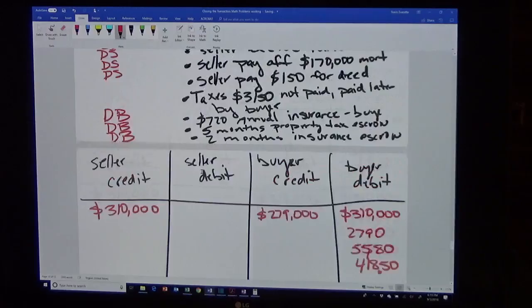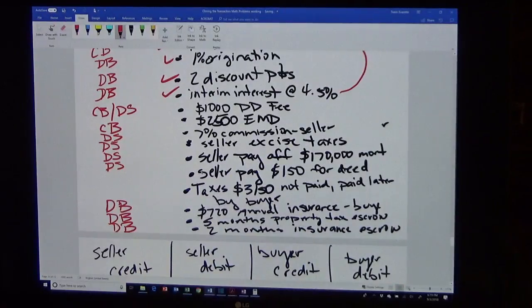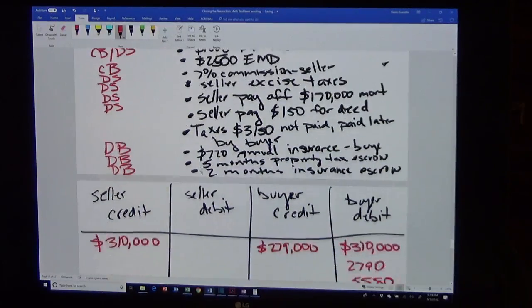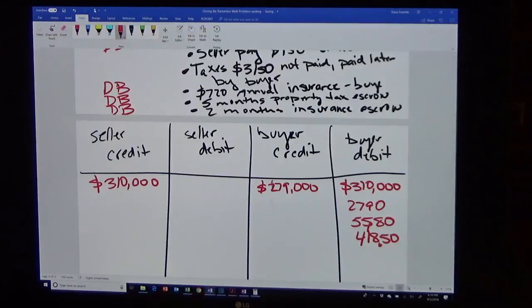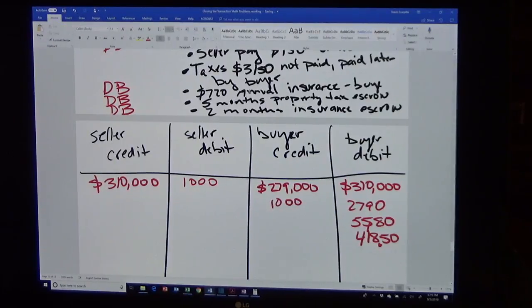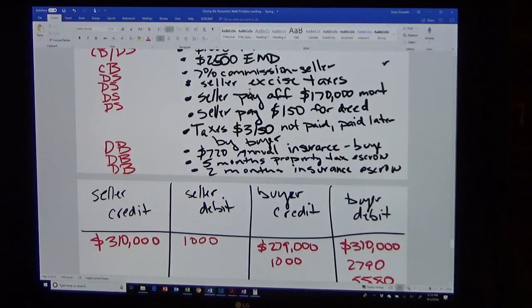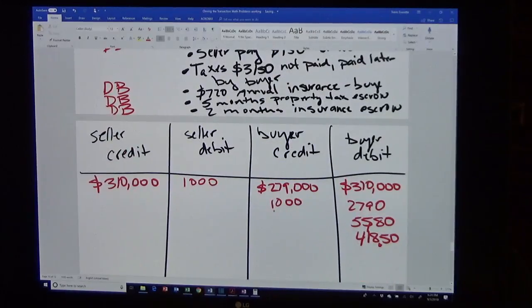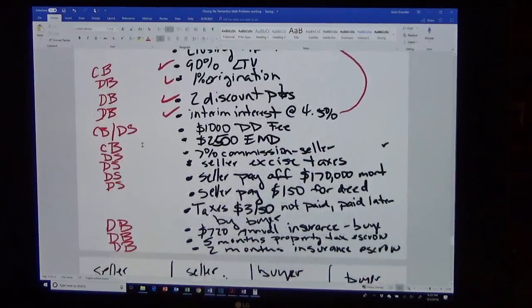Okay. $1,000 due diligence fee, credit to the buyer and debit from the seller. Alright. The earnest money deposit was $2,500. That's going to be credited to the buyer. Takes care of that.